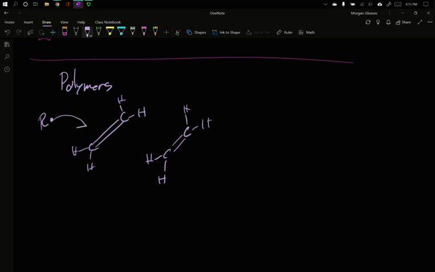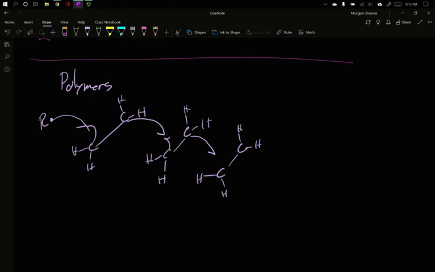Well, this causes one of the bonds to break. That carbon makes a new bond with the R group. The old carbon attacks the next double bond. This breaks one of those bonds, causing that carbon to attach and the other carbon to reach to another double bond somewhere. And this just keeps happening.